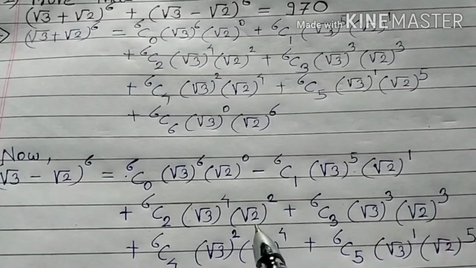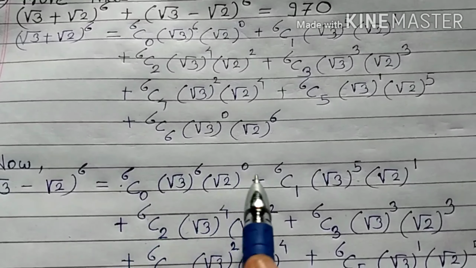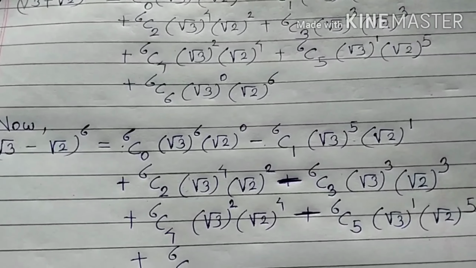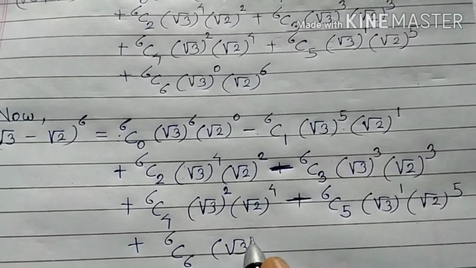And the last, sorry, here one mistake, this is plus minus plus, then here minus plus, then here also minus, and next plus 6C6 (√3)^0.